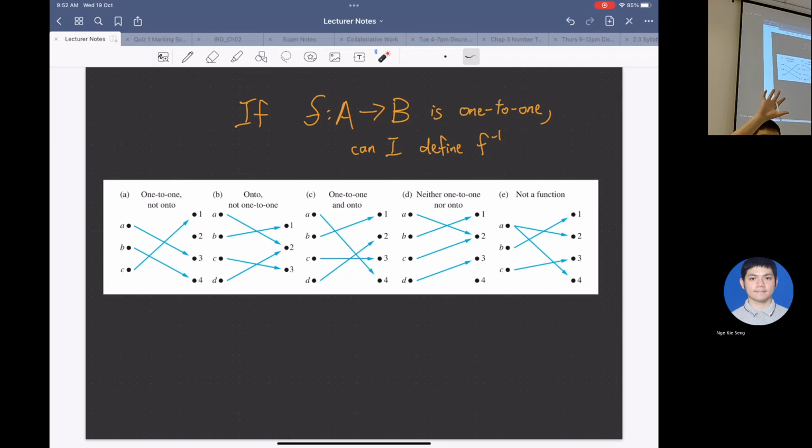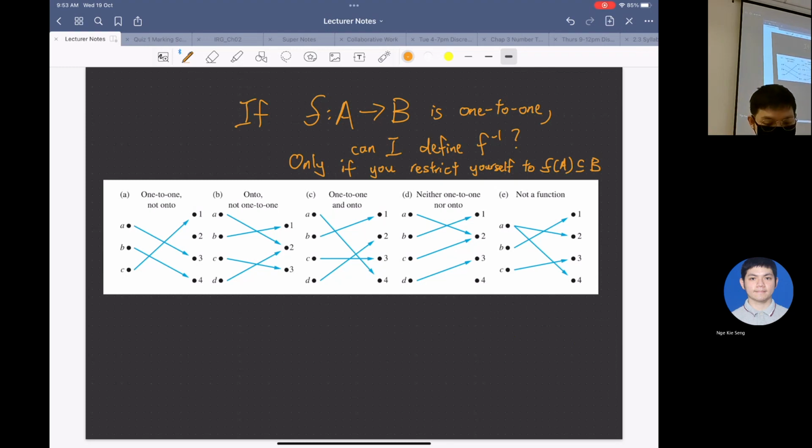Because the range of f is where f can achieve. So you restrict yourself to f(A).